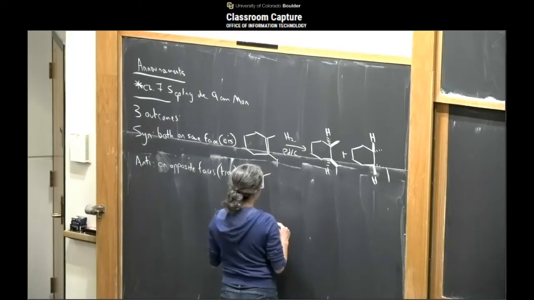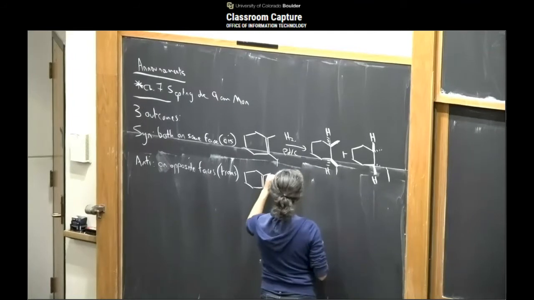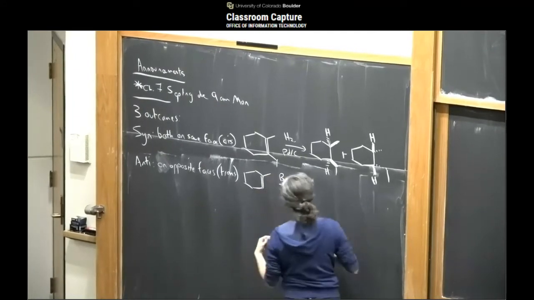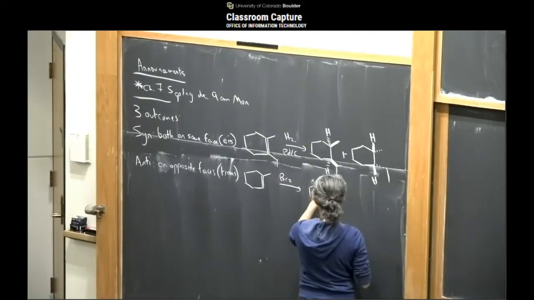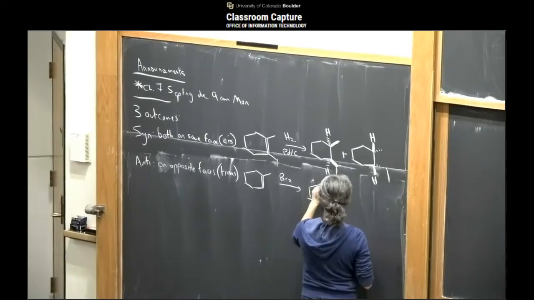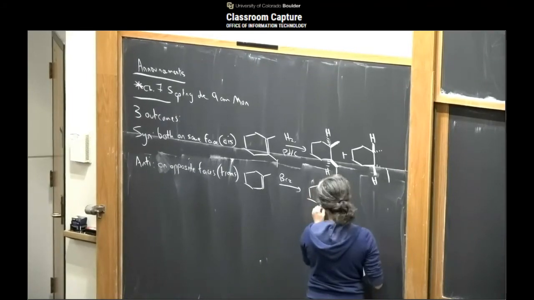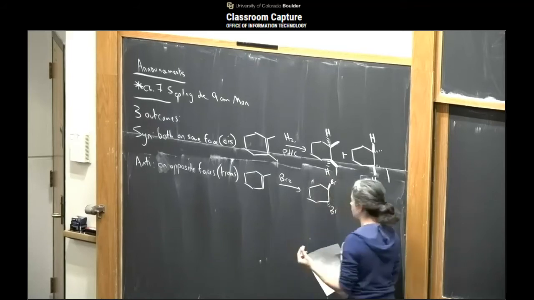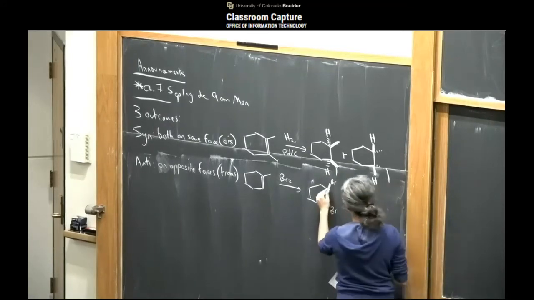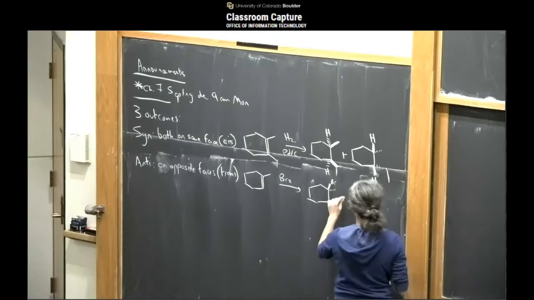So if I do, say, this with Br2, I could either get bold bromine here, dashed bromine there, and then the methyl group just takes whatever place is not spoken for.